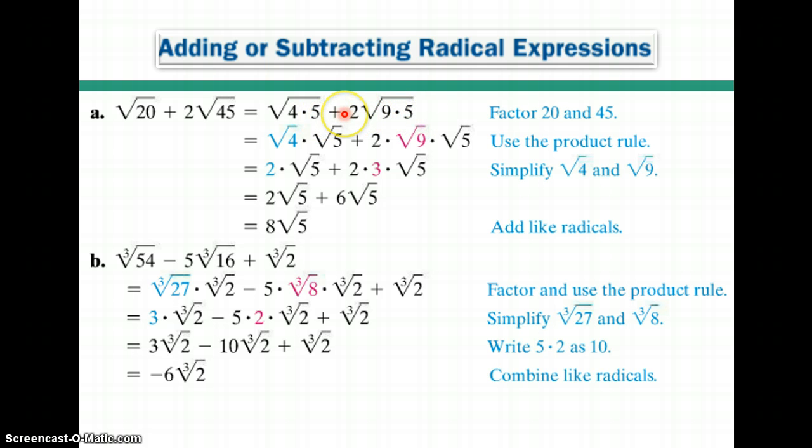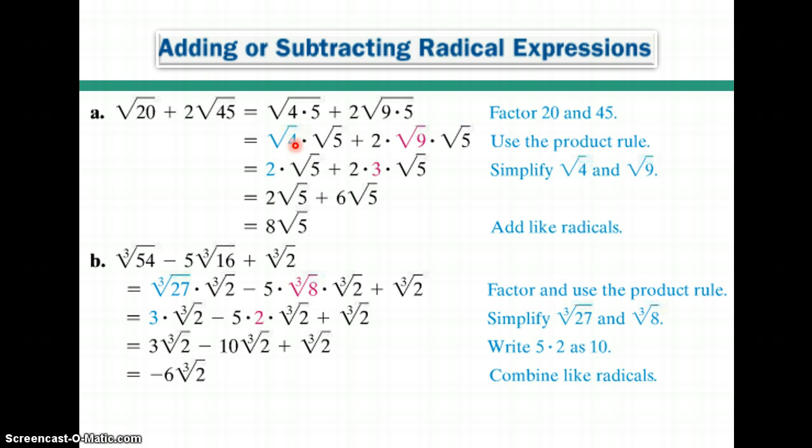By using the product rule of radicals, we have square root of 4 times square root of 5 plus 2 times square root of 9 times square root of 5.